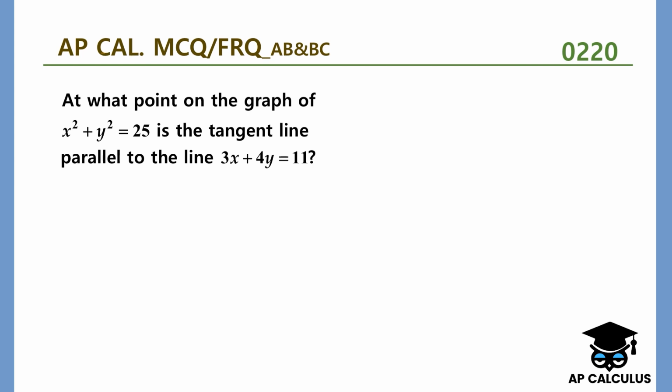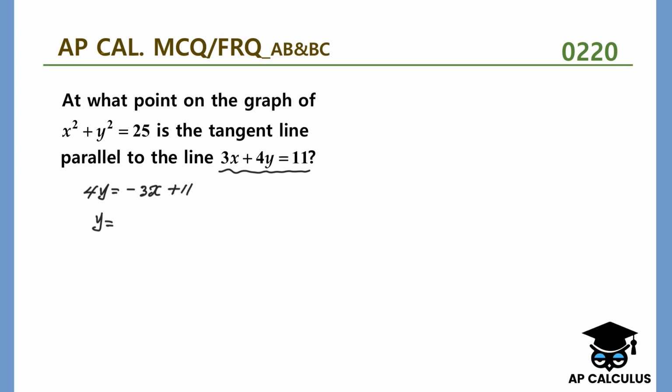Question 220. At what point on the graph of this equation, well, this is actually the equation of a circle, right, is the tangent line parallel to this line? Okay, so slope of this line: 4y is equal to negative 3x plus 11.